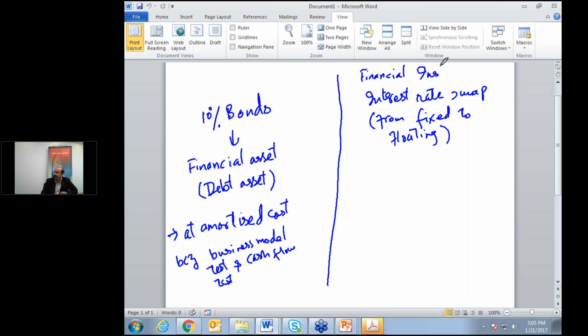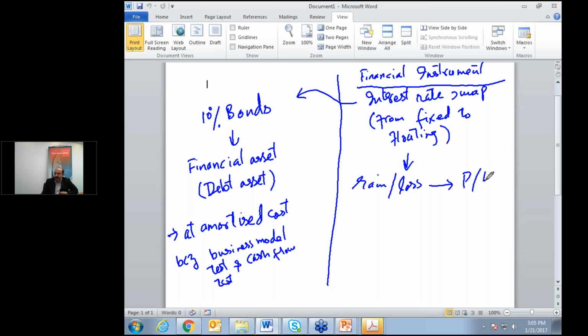This interest rate swap relates to this debt asset, and any gain or loss will be recognized in the profit and loss account.